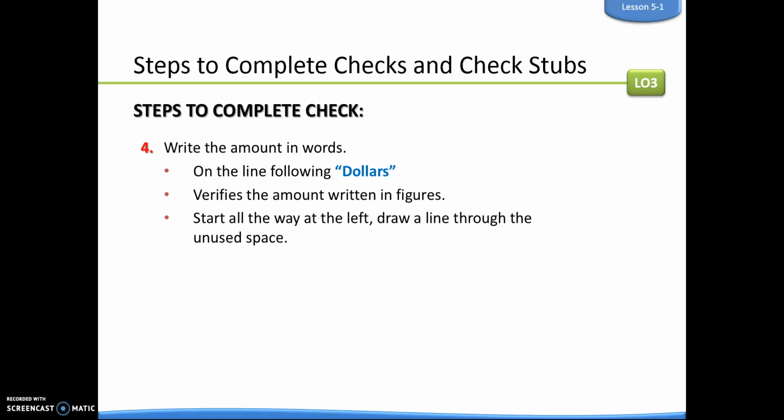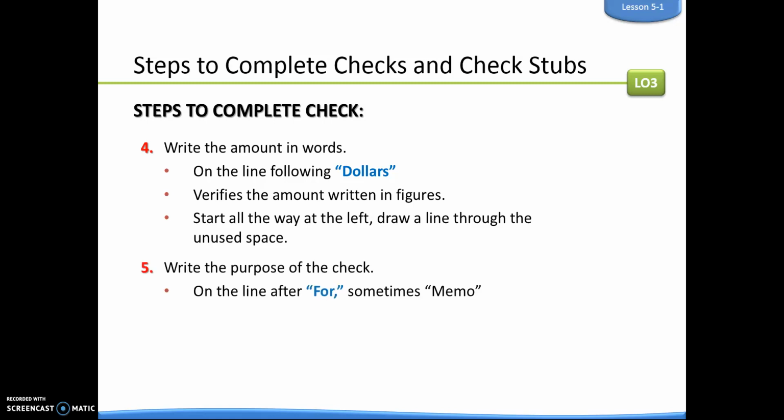So on the line where it says dollars, this is where we verify the amount that is written in figures. So there's always two, and if they don't actually equal, then the bank is not going to accept your check. So if it were $100, you write 100, and then on the line below that, you would write $100 and no cents. And so it's very important that we have both of those equal.